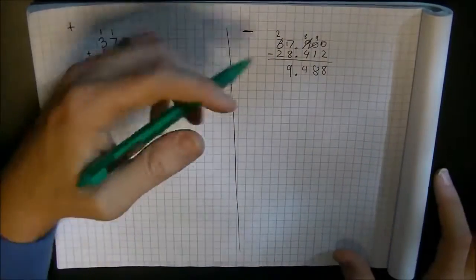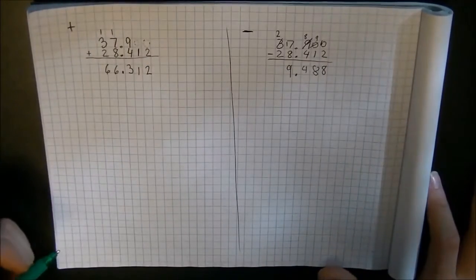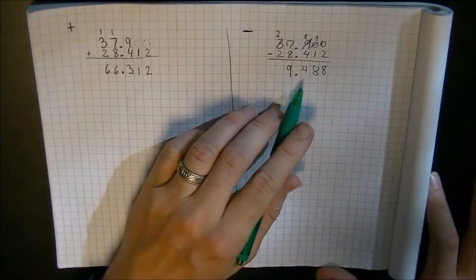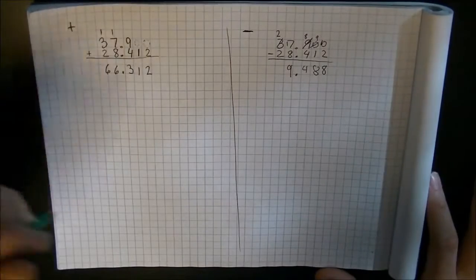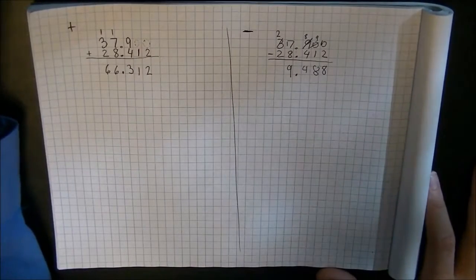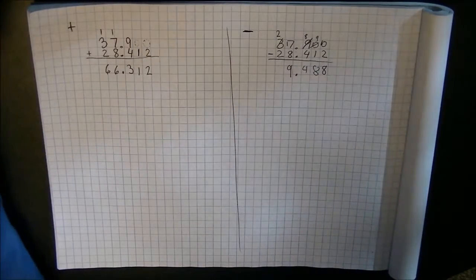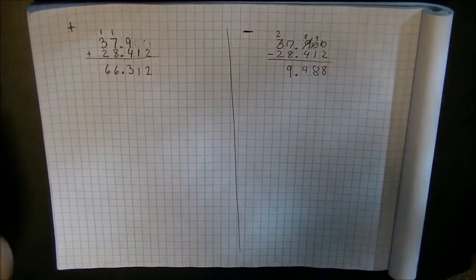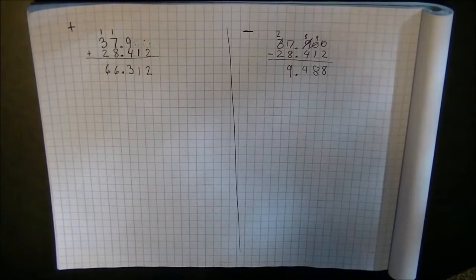We don't have to write it because we're at the beginning of our number now. So 9.488 is the answer to 37.9 minus 28.412. So there's addition and subtraction done.